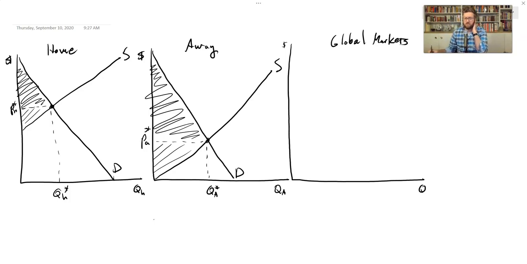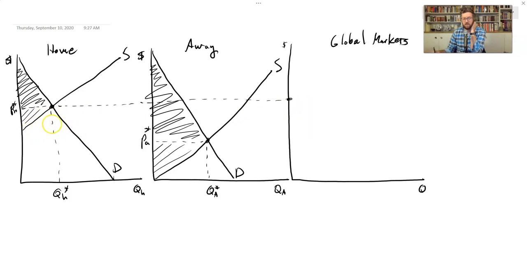Well, what we have to do is construct a diagram with the excess supply and demand that each one has over their domestic supply and demand. So we take the price for the home market and carry it all the way over to the global market here. And we know that below this price, demand exceeds supply.